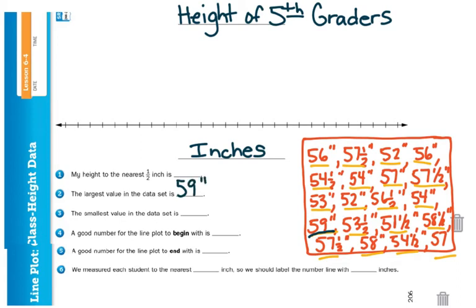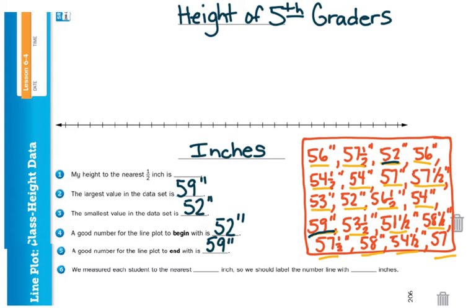The smallest value in this data set is, who is the shortest person? I believe it's 52. So a good number for the line plot to begin with would be 52. And we would want to make sure that we end with 59, unless we had someone who was taller than 59.